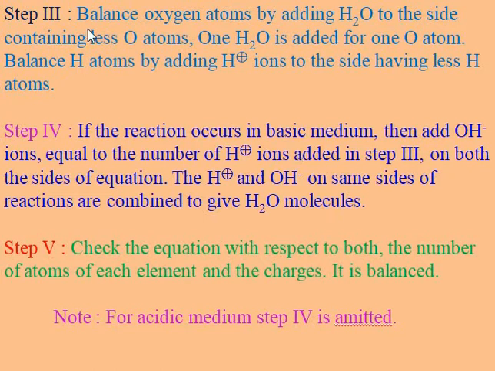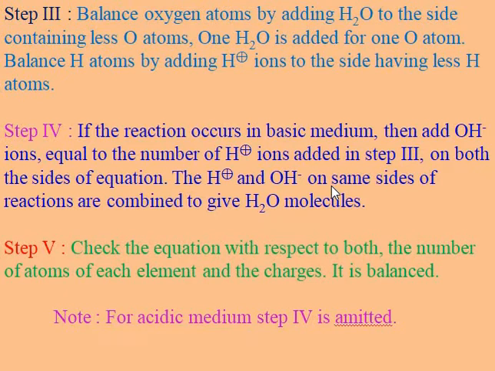Means in step 3, we add H2O to balance the oxygen atoms. In this case, add OH minus ions equal to the number of H plus ions. The OH minus ions are added on both sides, and where H plus and OH minus ions are present on the same side, they form water molecules.